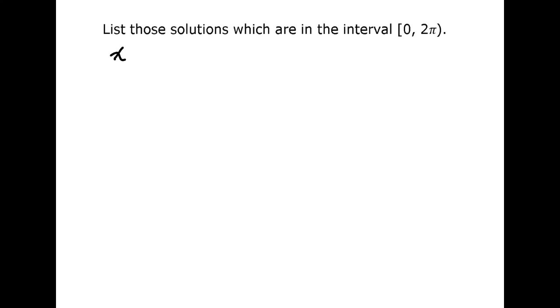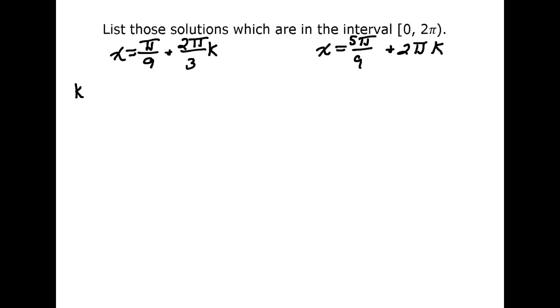So we had x equals pi/9 plus 2 pi/3 times k, and x equals 5pi/9 plus 2 pi/3 times k. So we let k take on the values of integers. So k could be 0, in which case x would just be pi/9, or x would be 5pi/9.